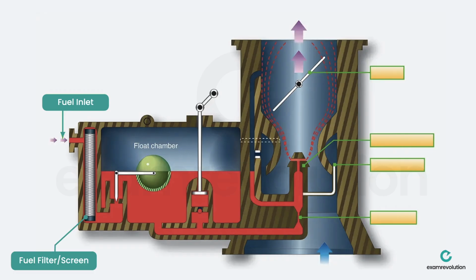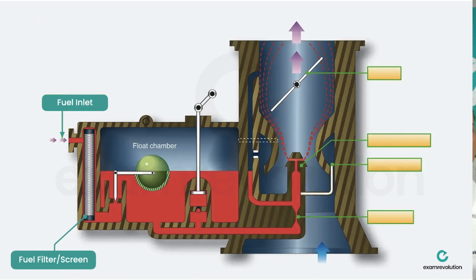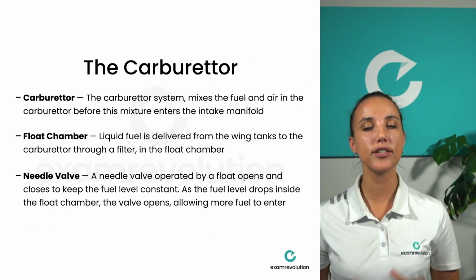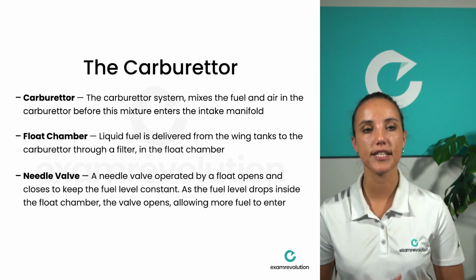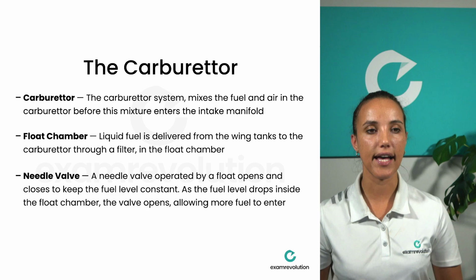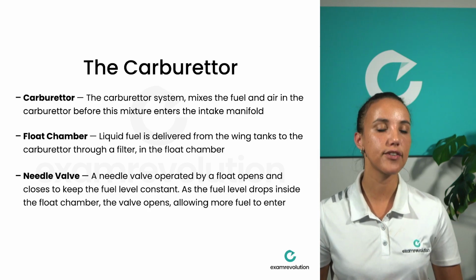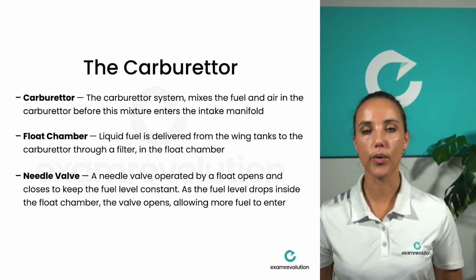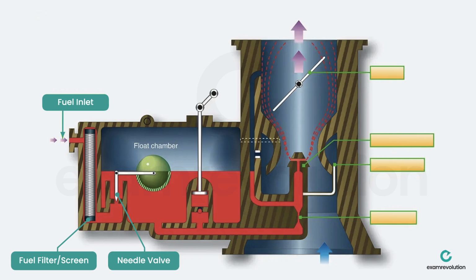And before it goes to the float chamber though, it first goes through a fuel filter or fuel screen to make sure that there's no particles entering the carburetor, because there's very small tolerances in that carburetor. Then a needle valve is operated by a float, opens and closes to keep the fuel level constant. So as the fuel level drops inside the float chamber, the valve opens, allowing more fuel to enter.